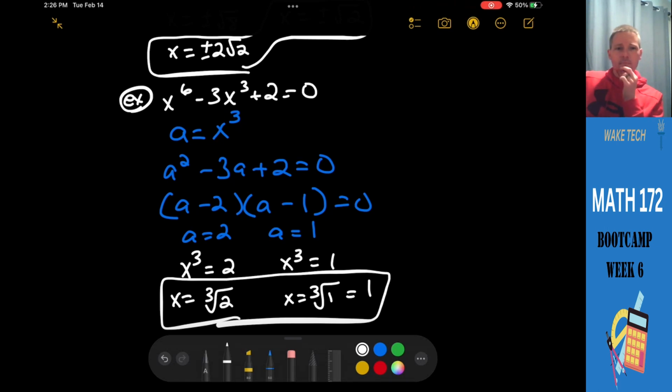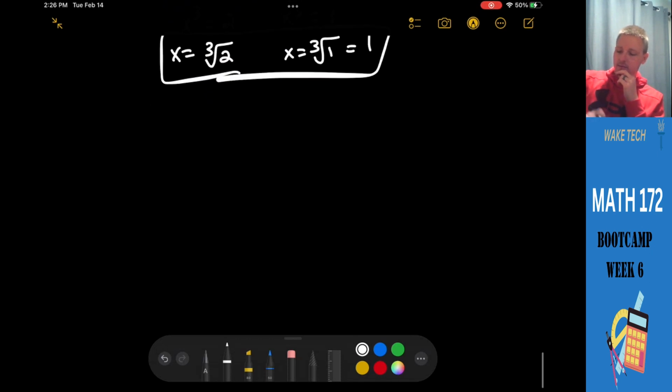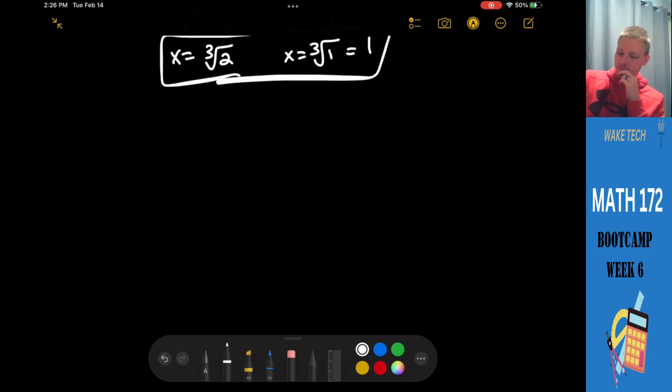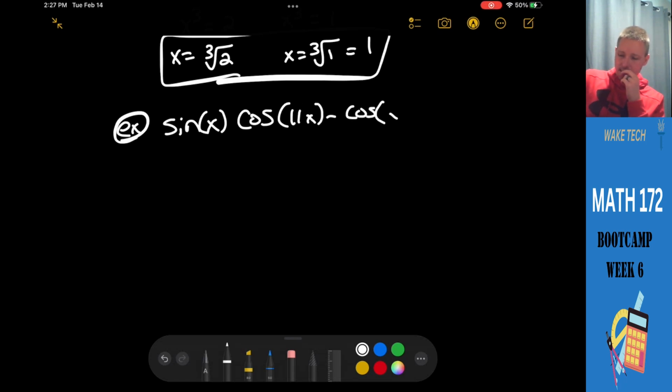I do have a question, but I don't really know how to ask it. It was from one of our WebAssign practices. The problem is working with cosine and sine: the sine of x times the cosine of 11x minus cosine of x times the sine of 11x.